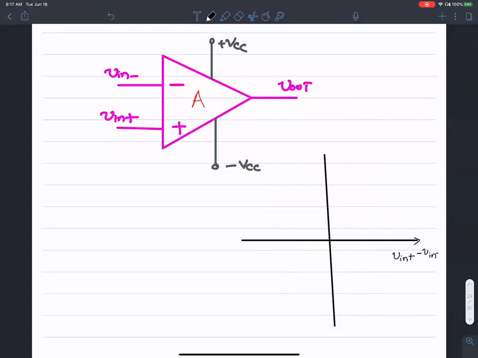That's the differential input. Along the y-axis, I'm going to plot the output, V output.